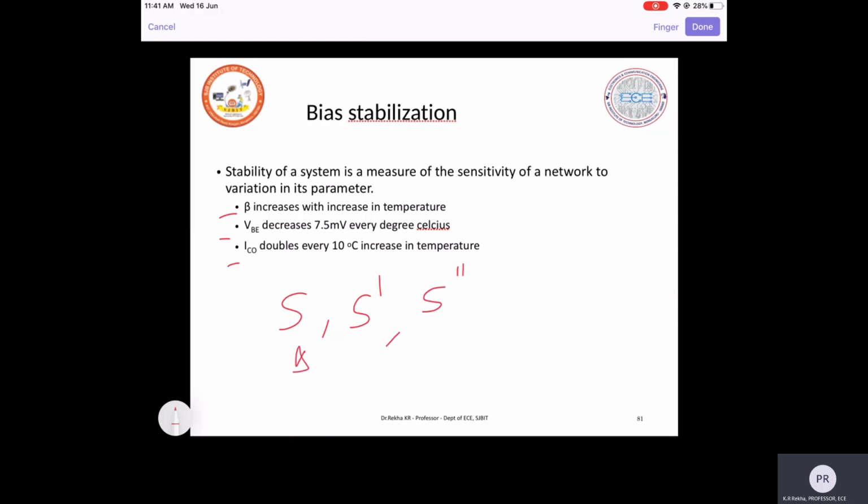So that is a small change in collector current with respect to ICBO, keeping beta constant, or delta IC by delta ICBO.